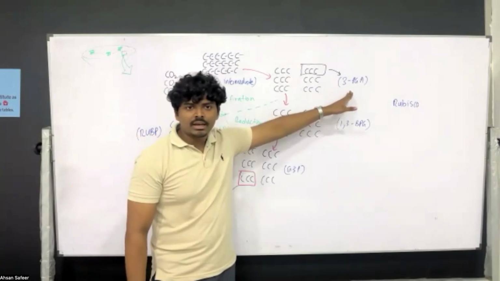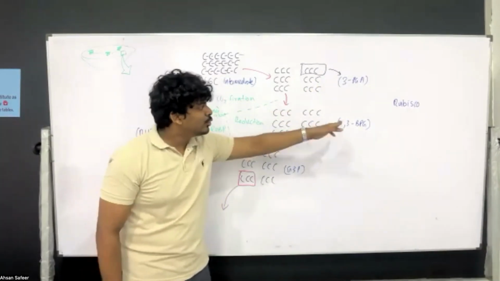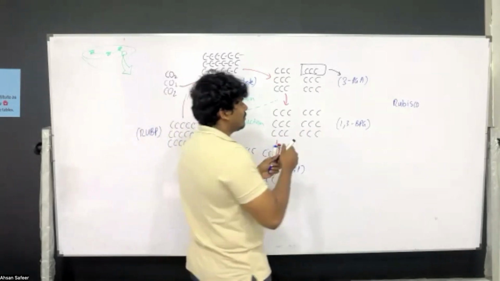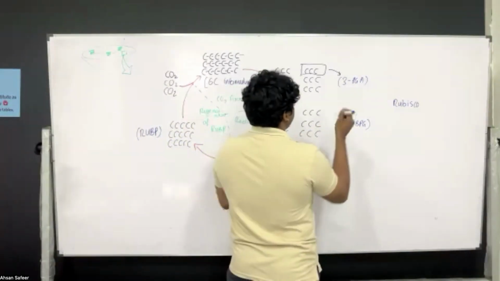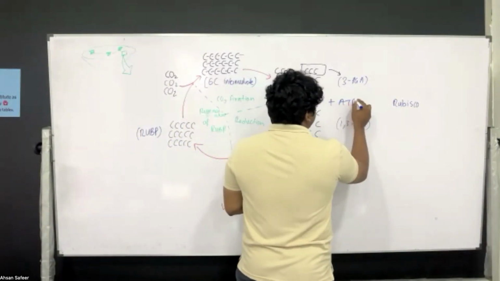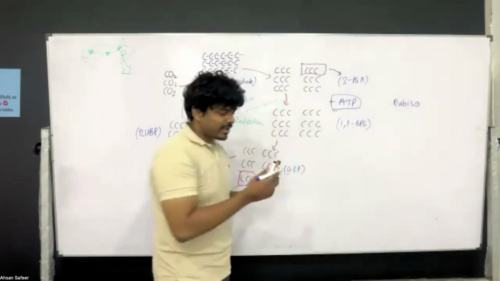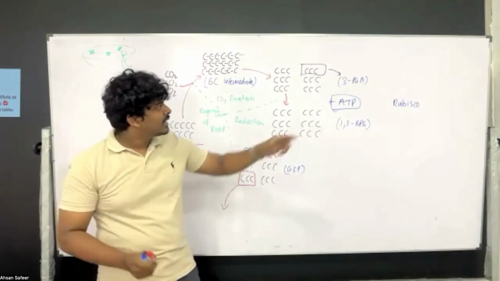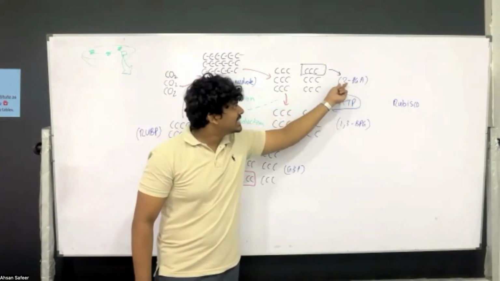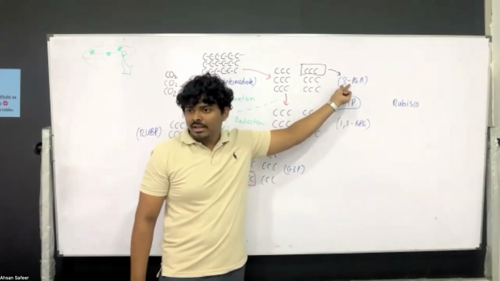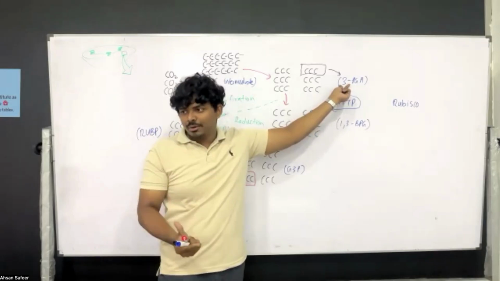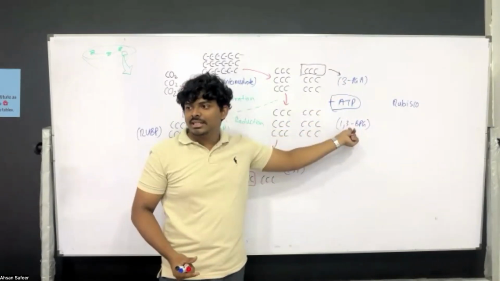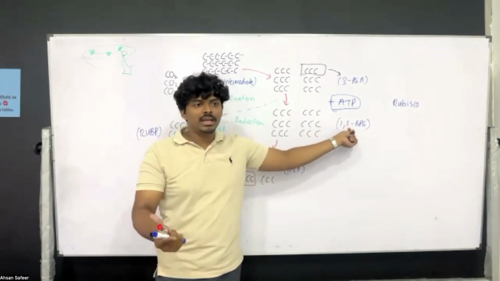This 3-phosphoglycerate will then be converted to 1,3-bisphosphoglycerate by the addition of ATP. It is very easy to remember this. When you study organic chemistry, you will know 3-phosphoglycerate means the number 3 is showing the position of the phosphate group. So 1,3-bisphosphoglycerate means it is showing the position of the phosphate group again.